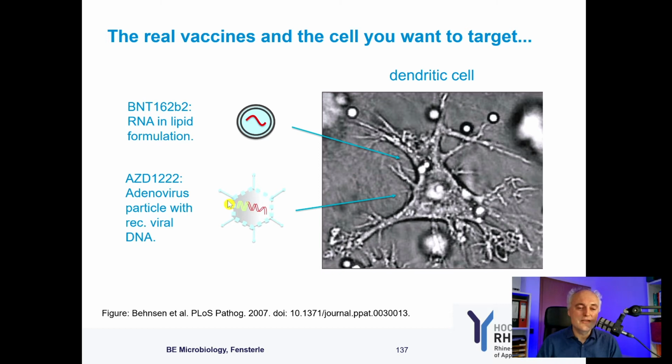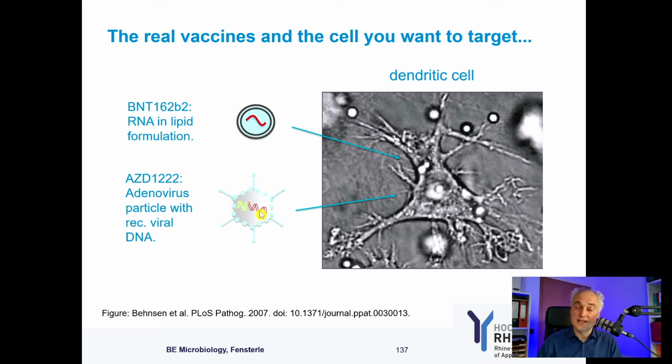And the adenovirus particle, which is used for this AstraZeneca vaccine, comes from chimpanzees. So it's not a common cold of humans, it's of chimpanzees. And second, this is manipulated in a way that it cannot replicate anymore. So you don't produce more viral particles. It's just the particle which is used as a transport for your, in this case, recombinant DNA.